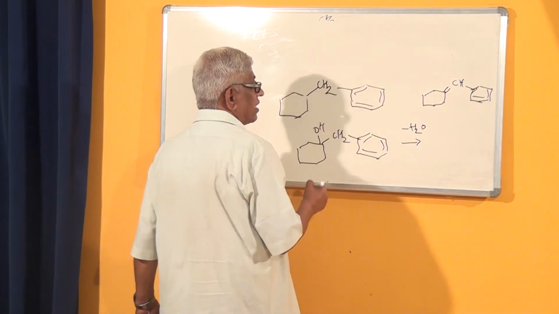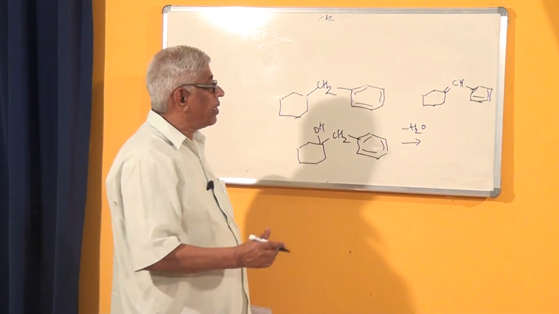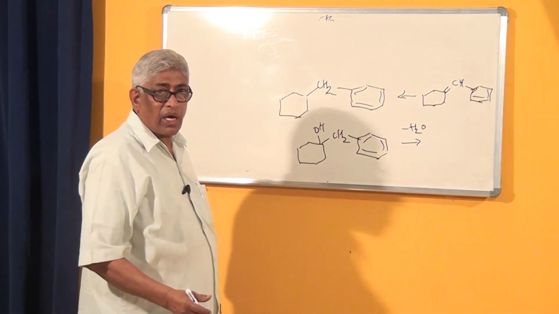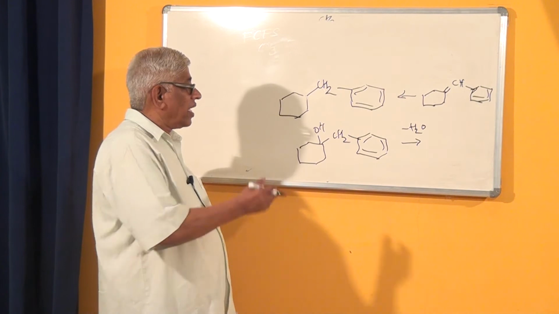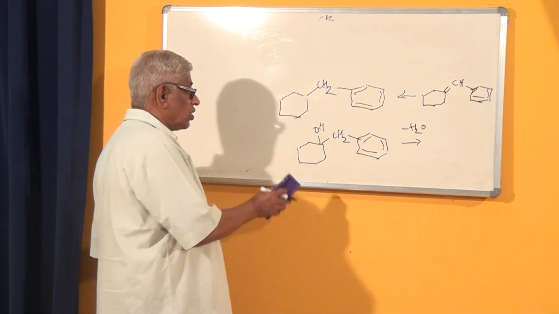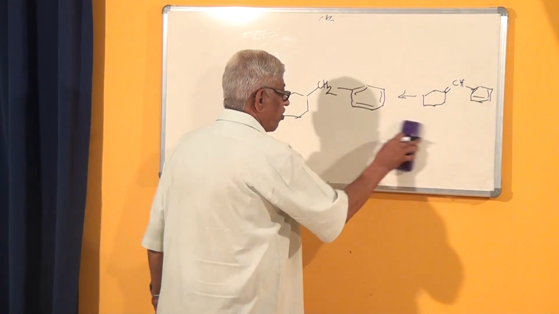So the benzyl cyclohexane can be obtained like this, just by reduction of this double bond. Initially you have a carbon-carbon bond forming reaction, then you reduce this functional group. Organic synthesis basically involves the carbon-carbon bond forming reaction.